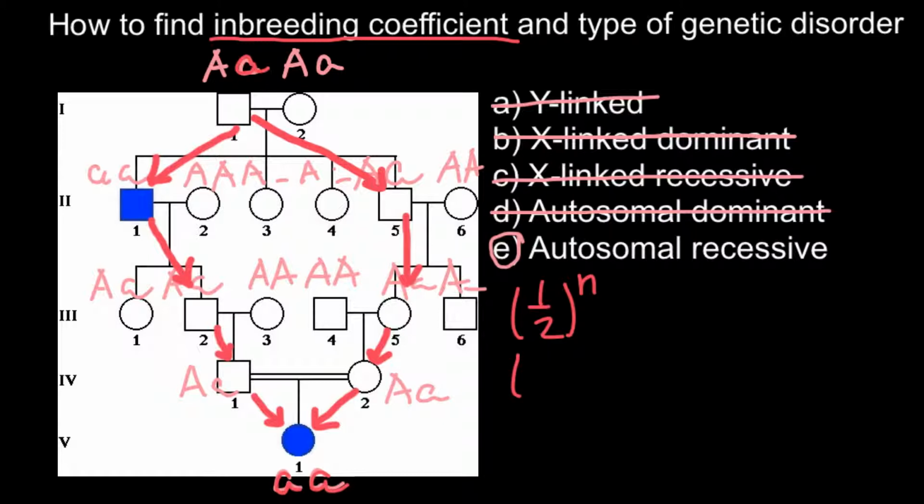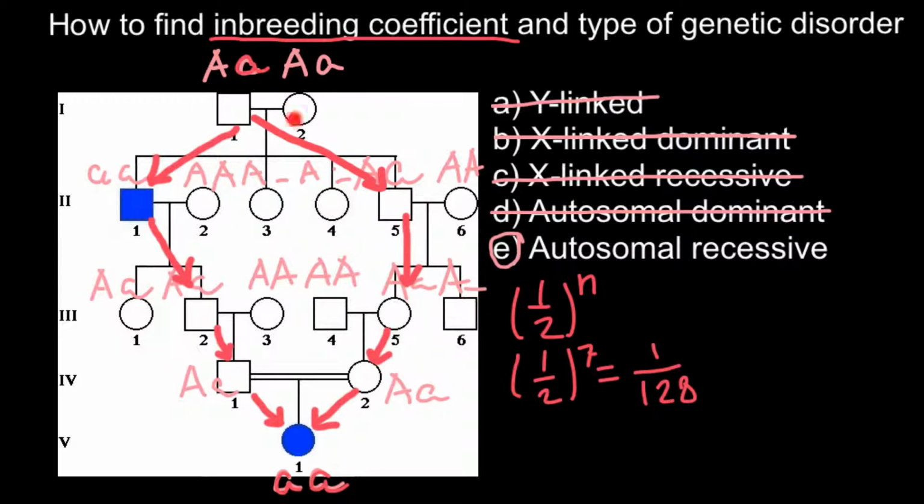So 1/2 raised 7, and the answer would be 1/128. But this is not the only one variant that this person here would inherit 2 recessive alleles from the person 1 in the first generation.